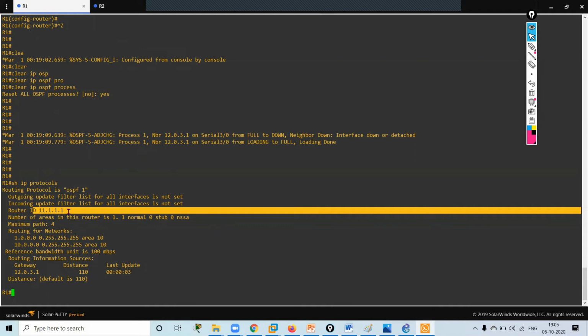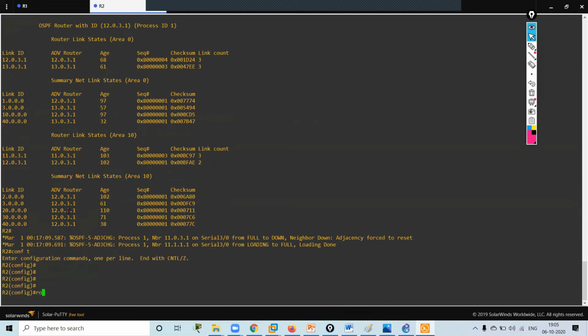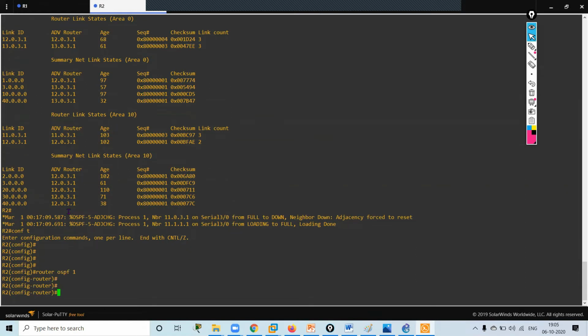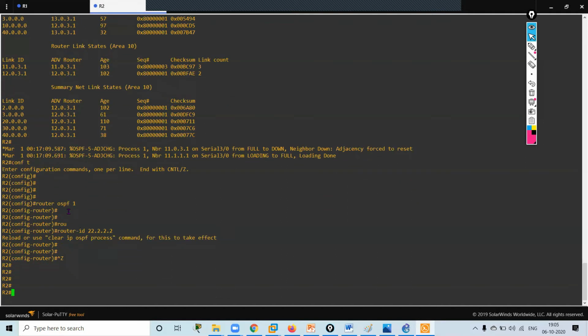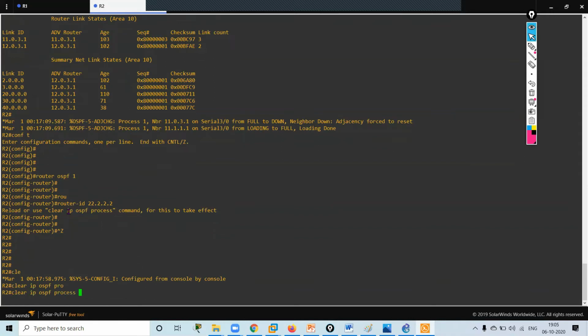Any questions? No, go ahead. I can do it on all the routers if I want. On R2, router-id 2.2.2.2, clear ip ospf process.